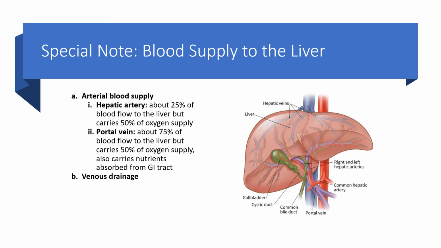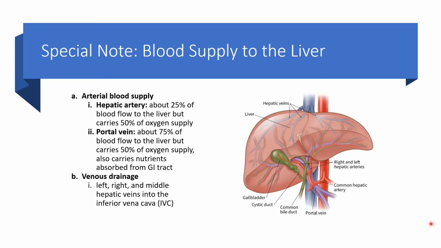The portal vein supplies about 75% of the blood flow to the liver, which makes sense because it drains the nutrients from the GI tract into the liver, but it carries 50% of the oxygen supply. The venous drainage, your left, middle, and right hepatic veins drain directly into the vena cava.